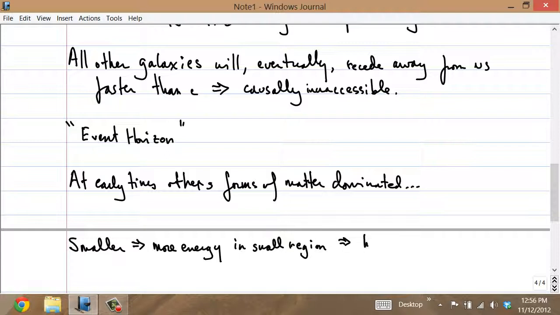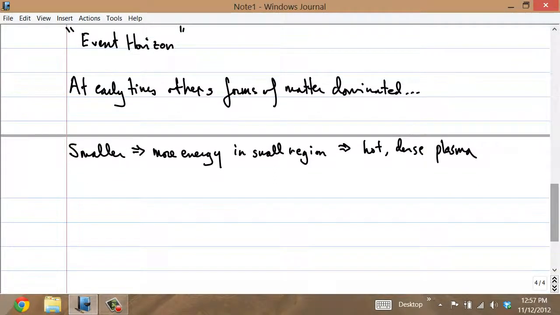And so the universe will be some very hot, dense sort of plasma. The universe began as some very hot, dense plasma. And as the universe expanded and cooled, there were various different phase transitions.